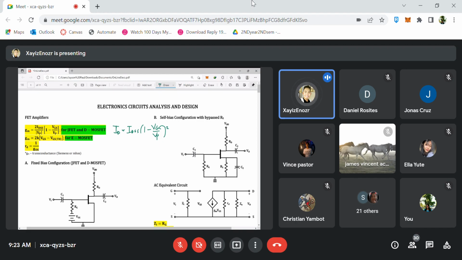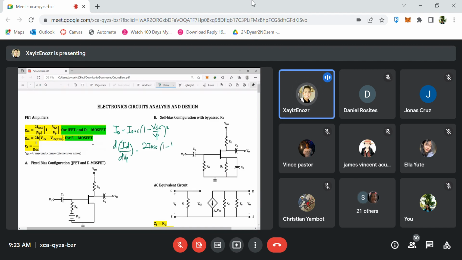So, kung differentiate mo yan in terms of VGS, okay? So, magiging 2 IDSS multiplied by 1 minus VGS over VP, multiplied by 1 over VP. So, kaya doon na-derive yung equation na yan.